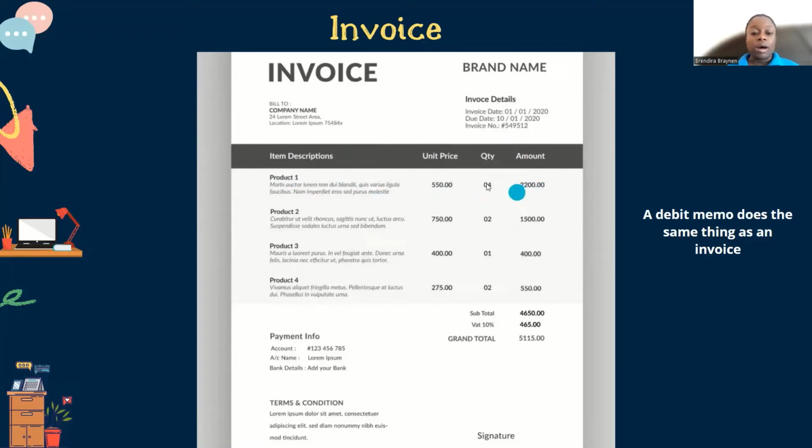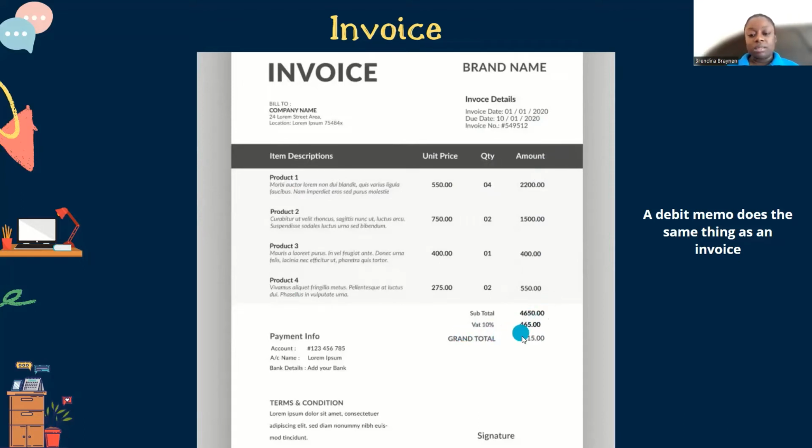And so that's something to be familiar with. Unit price times quantity equals amount. And once you total it all up, you get a subtotal of everything that you're purchasing. Normally, if there's discounts or extra charges, they're below the subtotal. So in this case, they charge them about 10%.